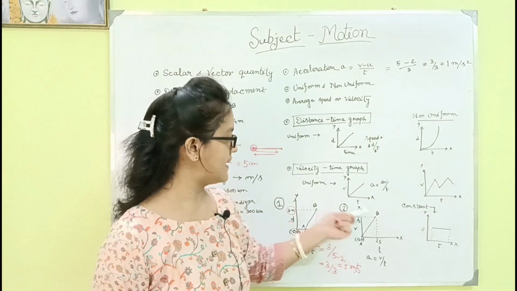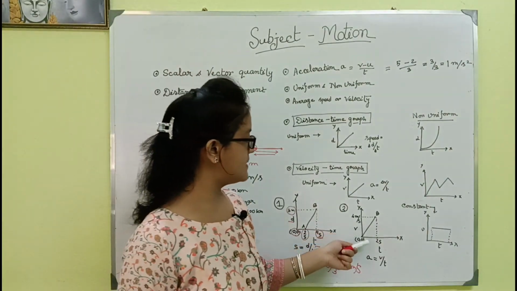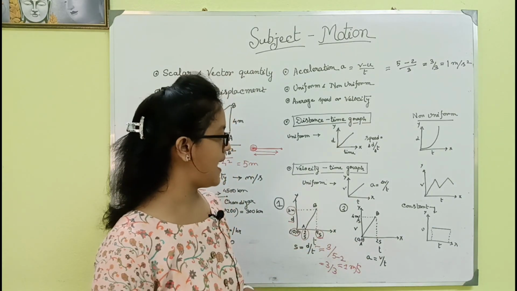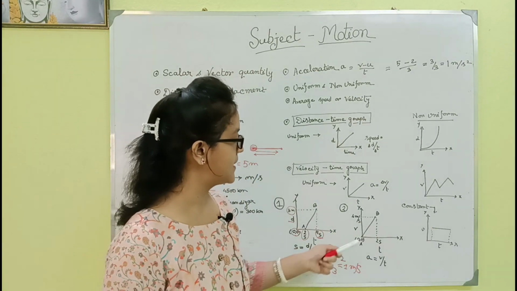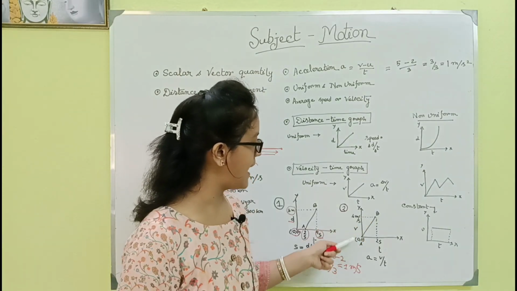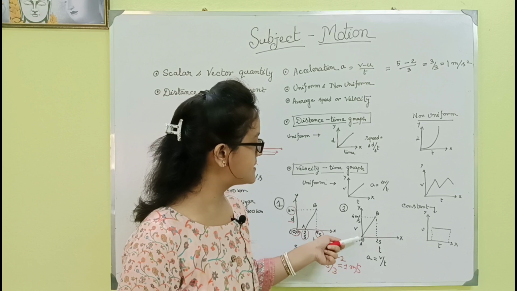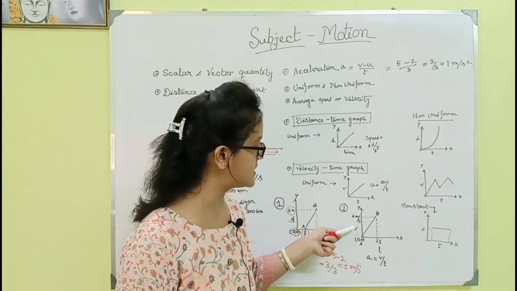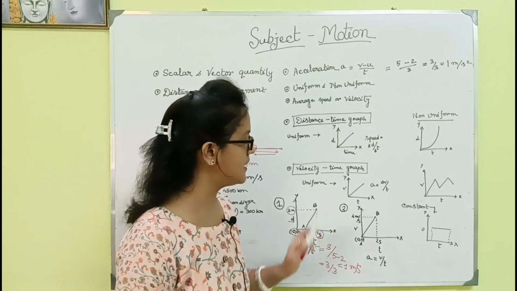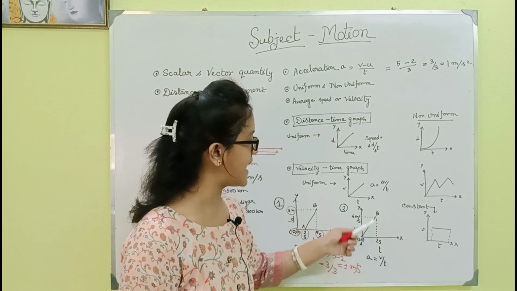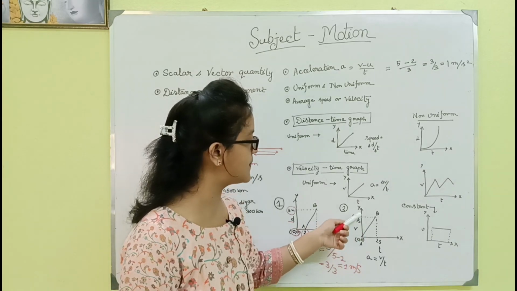And the next part is the velocity time graph with x and y axis. What is the problem here? The initial position is A, the final position is B. At position A, time is 0 second and velocity is 0 meter per second. At the final position B, the time is 2 seconds and the velocity is 4 meter per second.